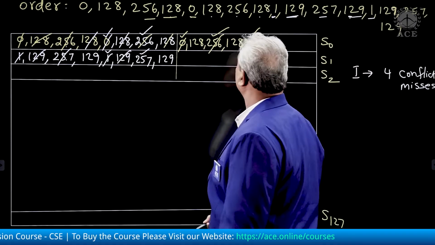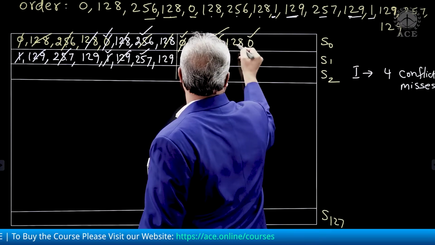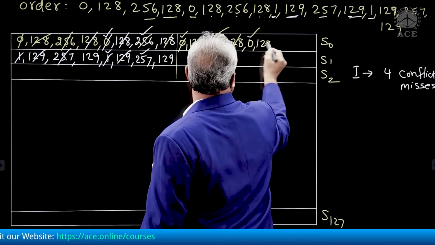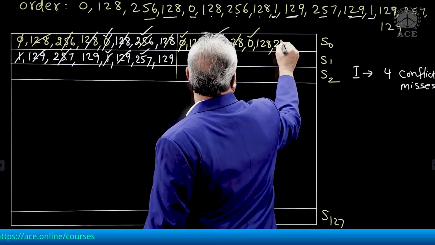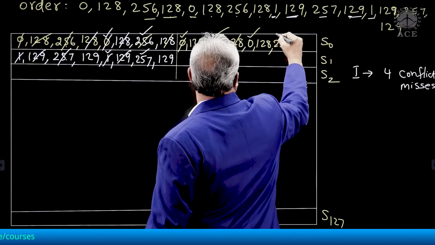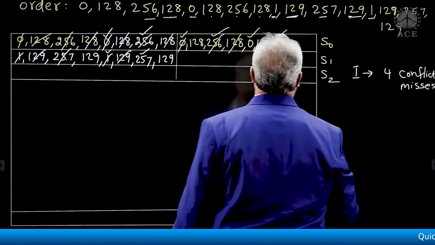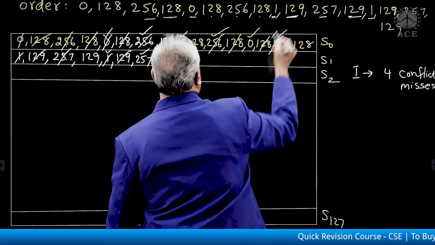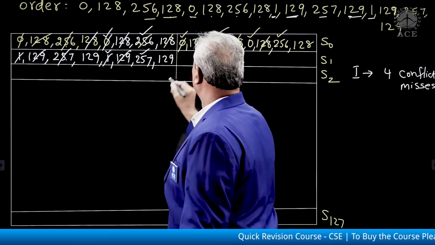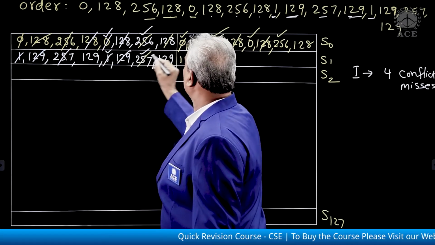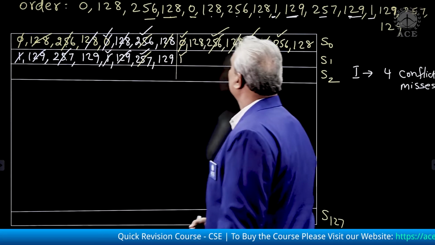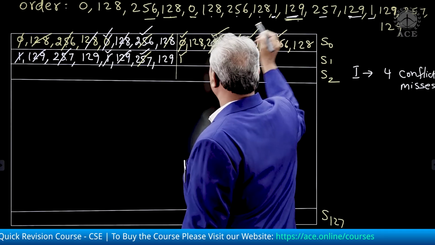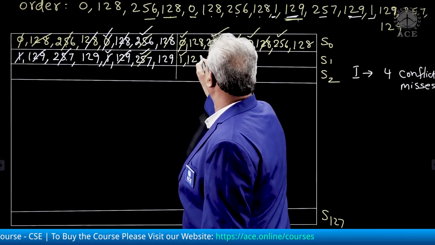Next, after 0, again 128, hit. Next, 256 not there. 0 is replaced with 256. Which type of miss? Conflict miss. Again 128, hit. Later 1. 257 is replaced with 1. So it is also a conflict miss. Next, 129 is a hit.